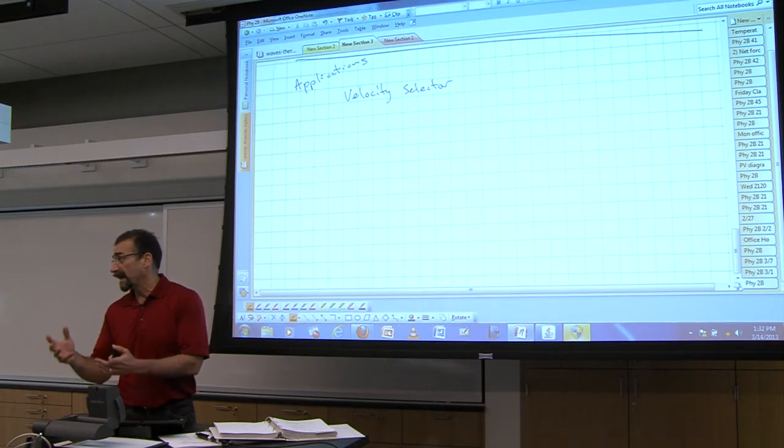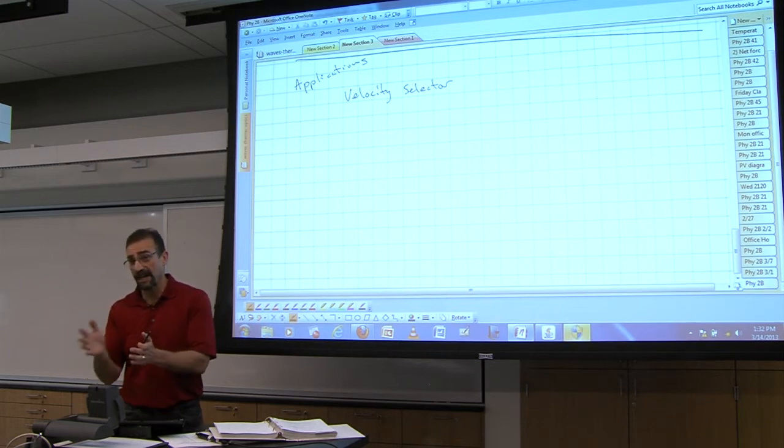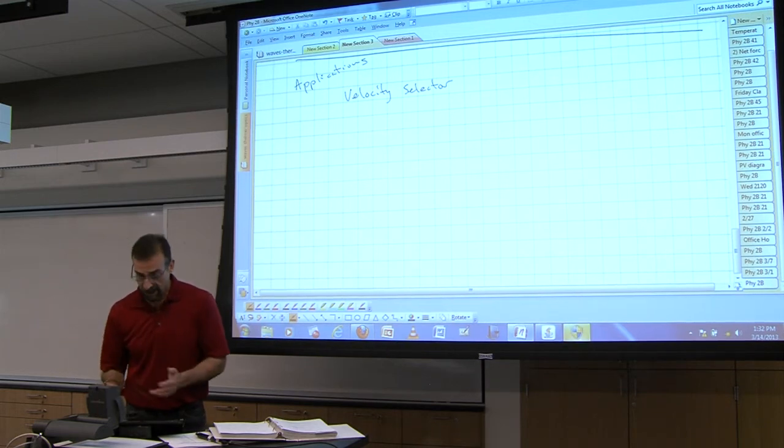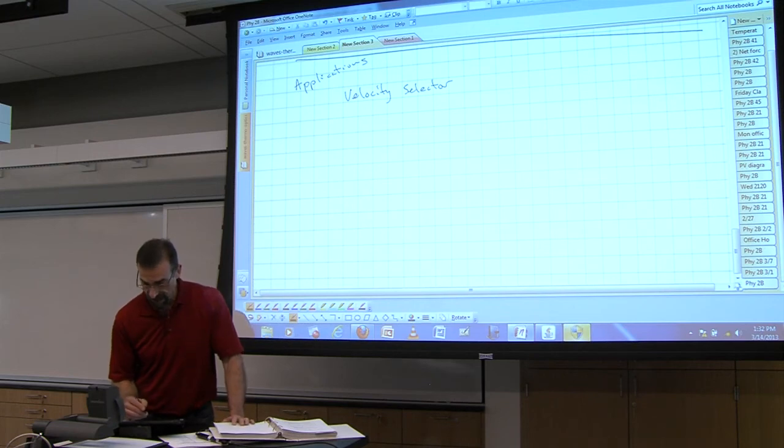But what typically happens is you get a range of speeds. Some of the particles are accelerated across the entire potential difference, some are less. So you get sort of a range of speeds coming out.